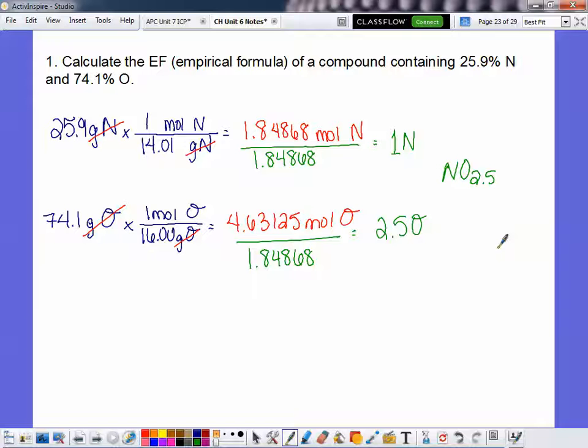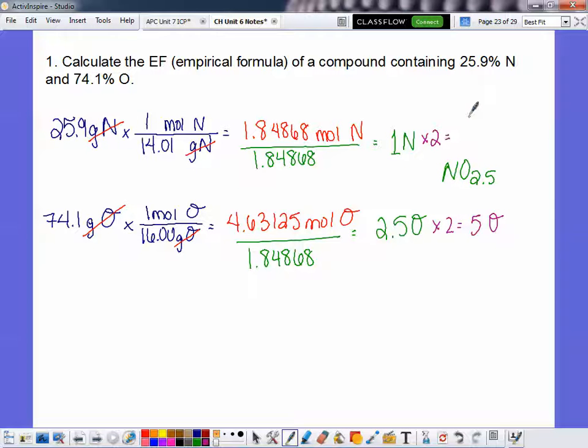Because remember, the definition of an empirical formula is the lowest whole number ratio of elements in a compound. So what can we multiply 2.5 by to make it a whole number? There's many things we can multiply by, but the smallest is a 2. And that would be what? 5 oxygens. Whatever we do to one, we have to do to the other.